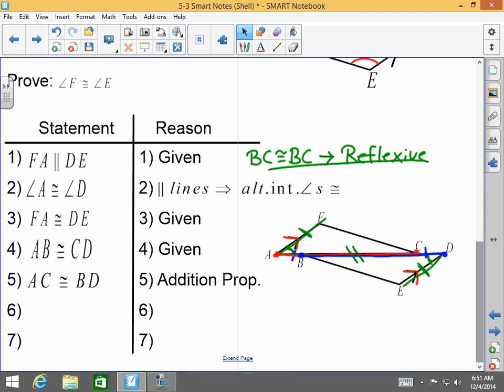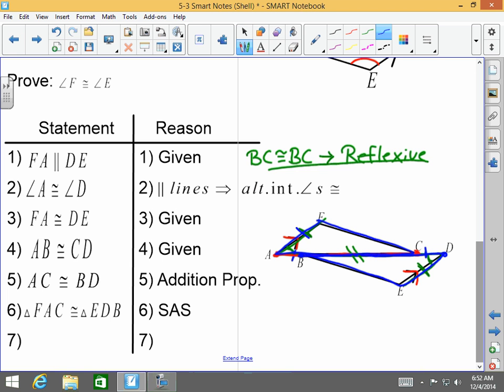Well, now look at what we have. We have this triangle FAC, and we have this triangle DEB congruent to each other. Why? Because of side, angle, side. Here's my side, here's my angle, here's my side. Here's my side, here's my angle, and here's my other side.